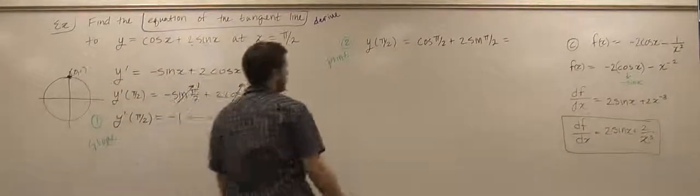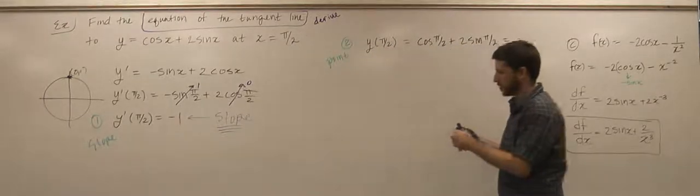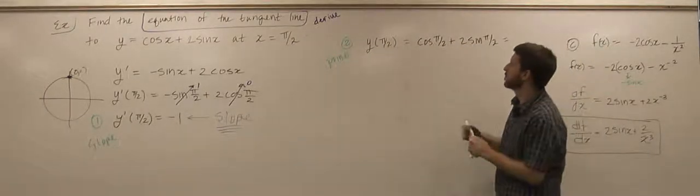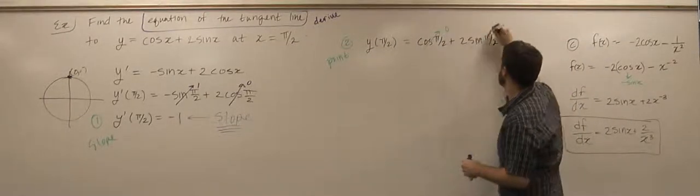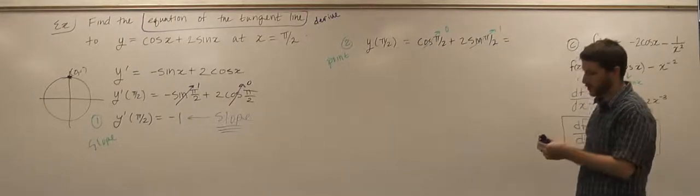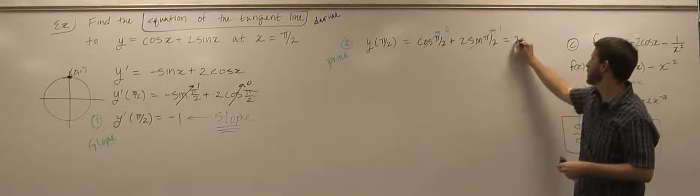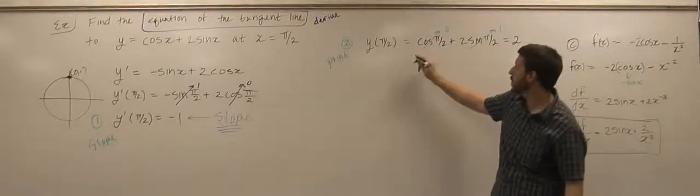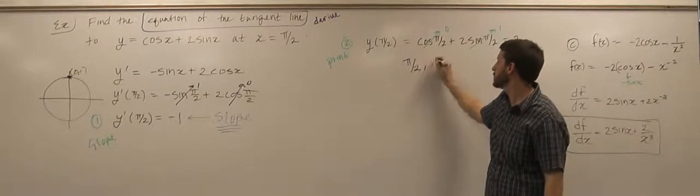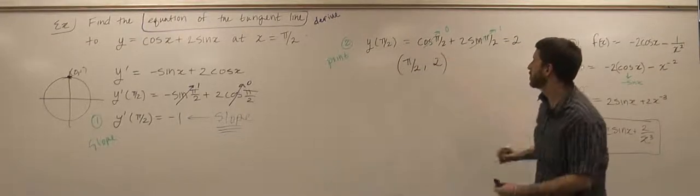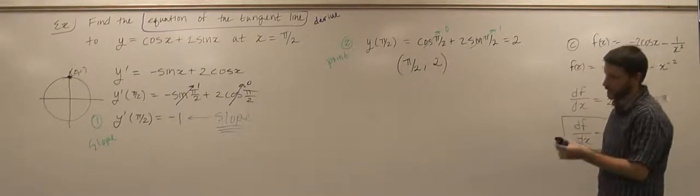Sine of pi over 2 is 1. Cos of pi over 2 is 0. So 2 is my y value. Overall, the point is when x is pi over 2, y is 2. That's my x1, y1.